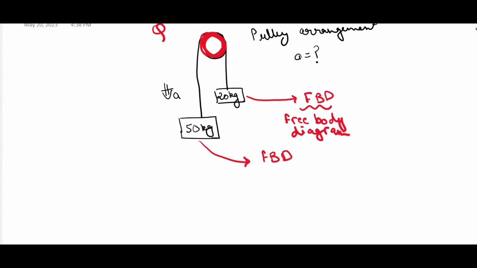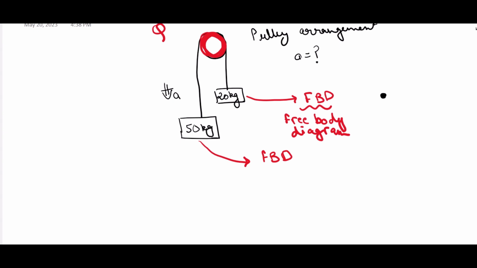Just forces and the body. So we don't have to show what length it is, with whom it is connected, anything, or the size of the object. It doesn't matter. We can just draw a particular dot and show what forces are acting on it. That's only what FBD means.